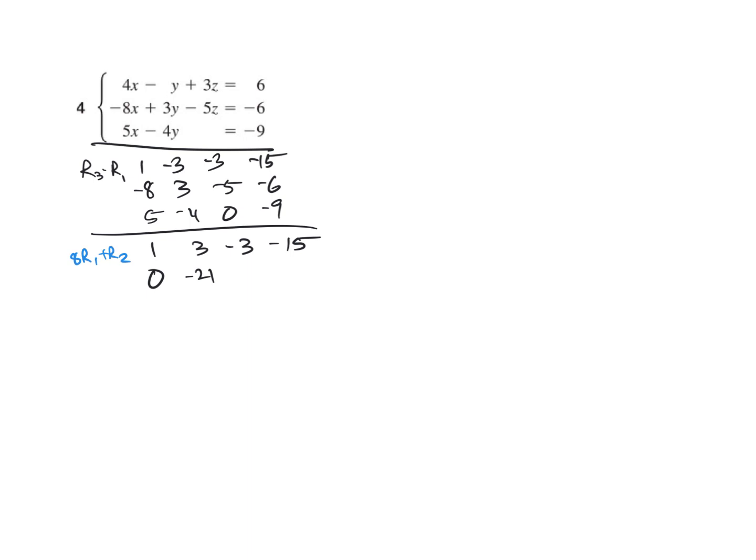And negative 24 plus negative 5 is negative 29, and 8 times 15, 80, and 40 is 120, negative 120, and negative 126. And then also, what we'll do is negative 5 times row 1 plus row 3. And what do we get?